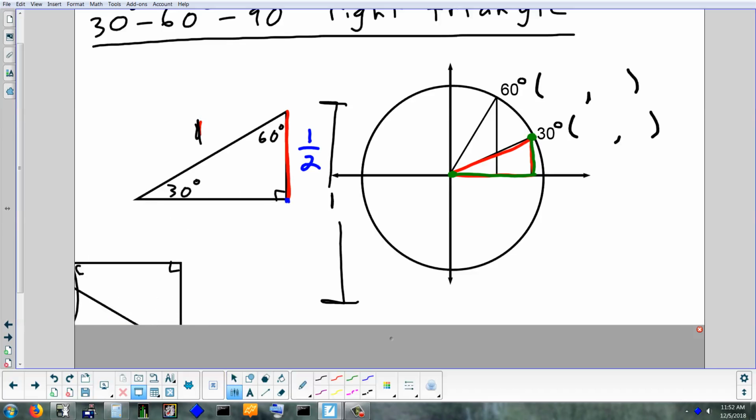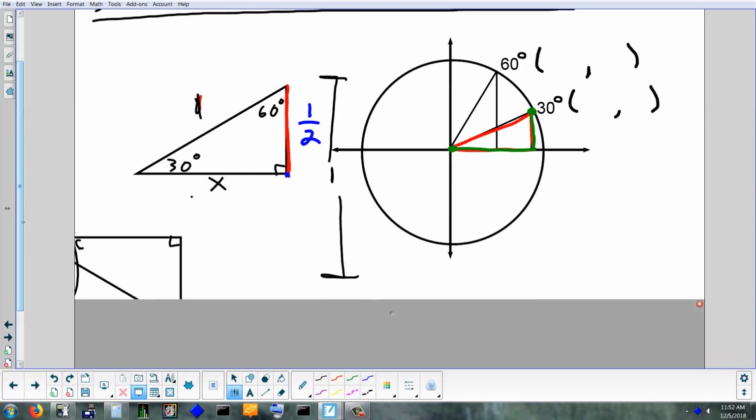So the bottom side we don't know. You can call it whatever you want. Now when you plug into Pythagorean Theorem, you're only going to have one letter. Okay, so let's set that up. So x squared plus a half squared equals 1 squared, but that's just 1.